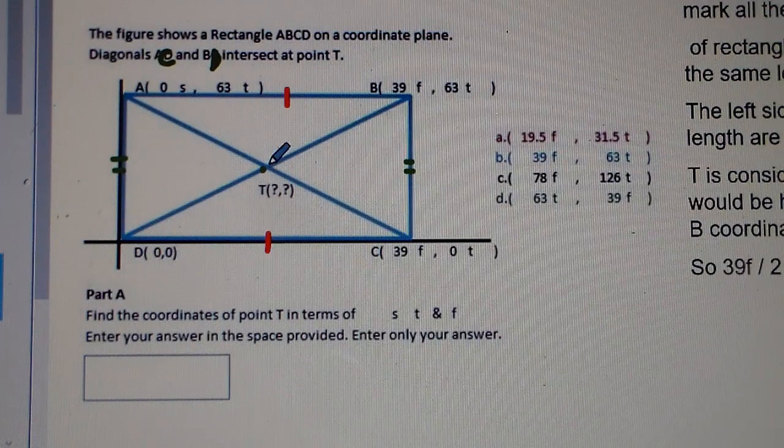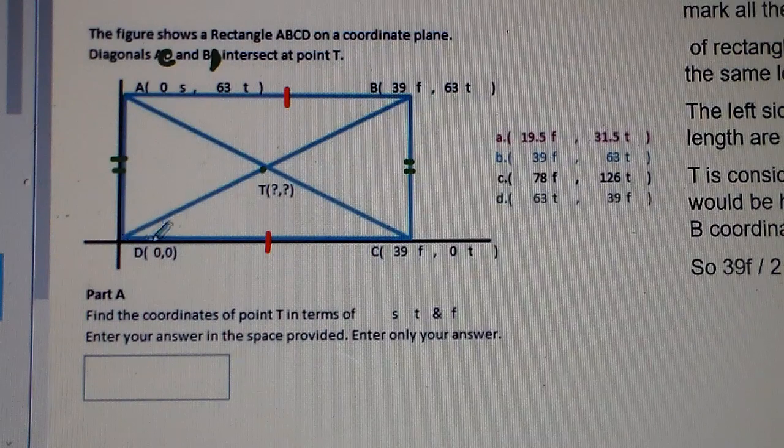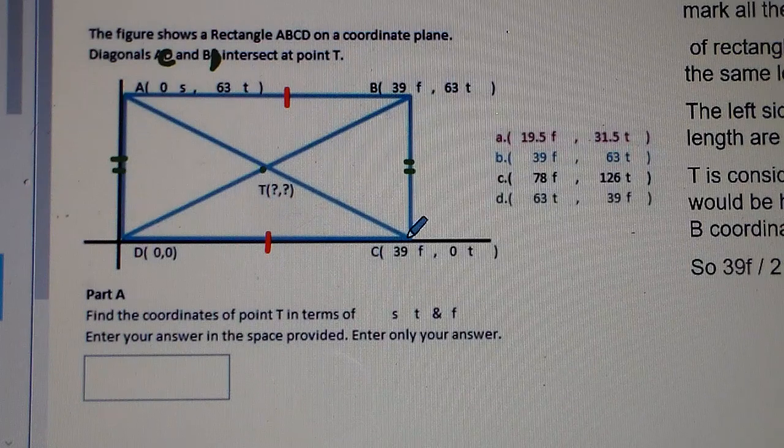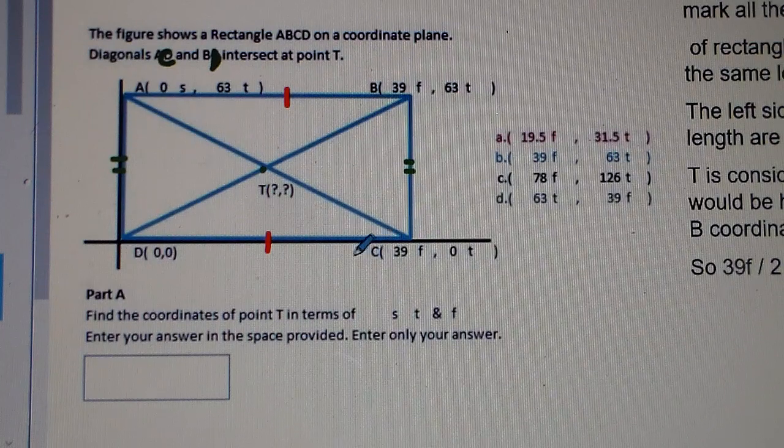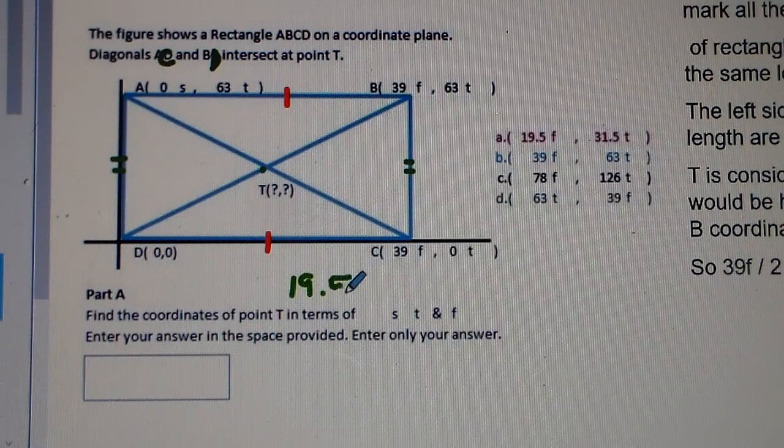Well, since T is in the middle, that means it's just going to be half the length going right and half the distance up. So half of 39F is going to be 19.5F. So it'd be 19.5F.